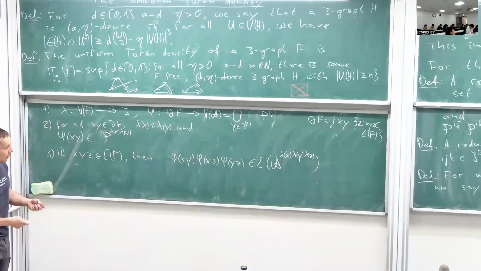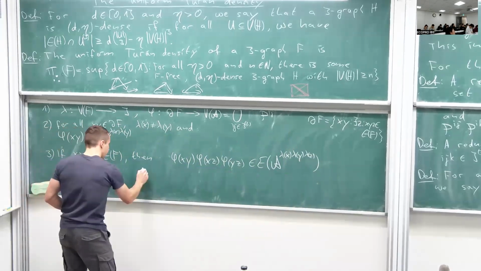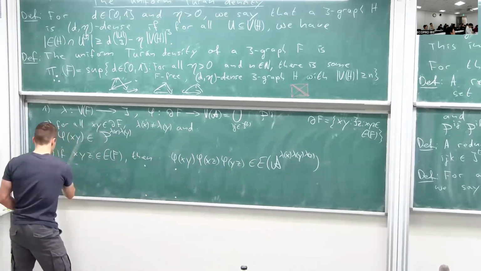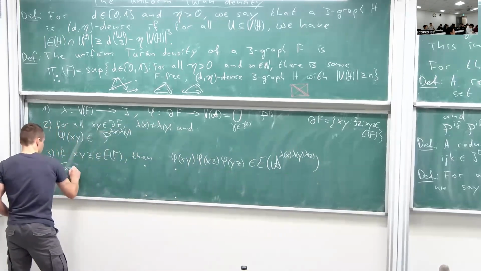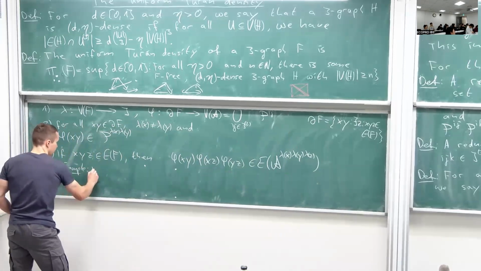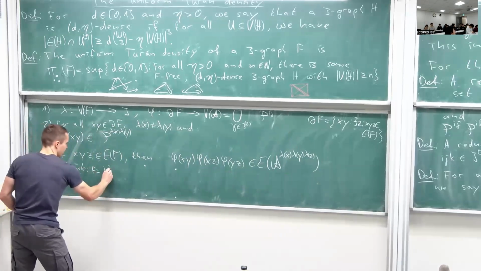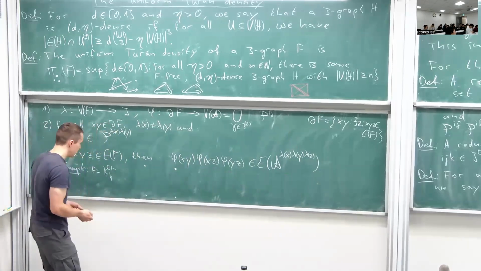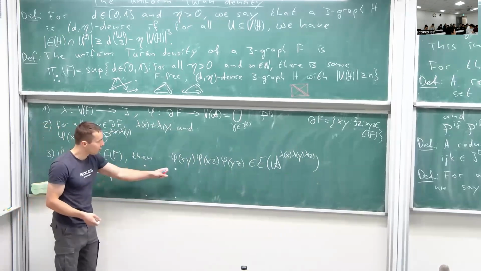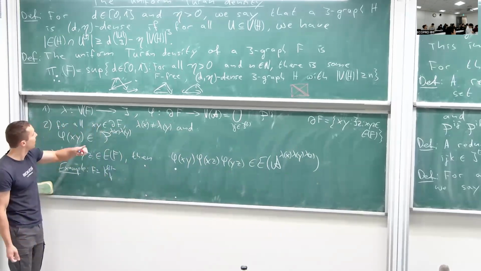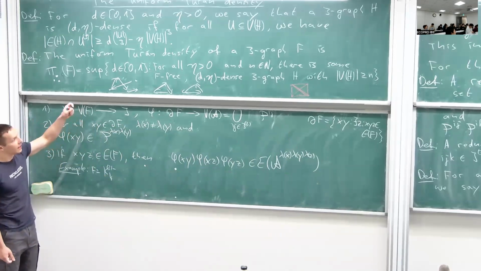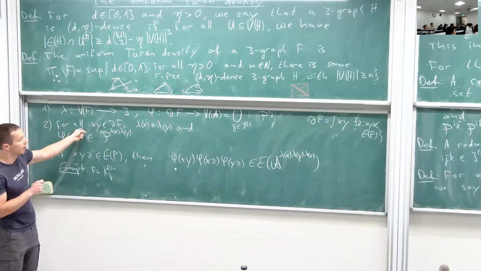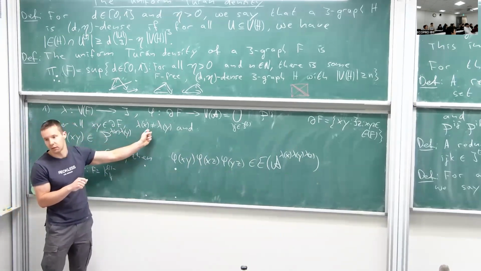Okay. So let's look at this for the K4 minus. So we want 4 indices because our K4 minus has 4 vertices, and any two form an edge in the link. And by this condition, that means that all the vertices should get mapped to different indices.